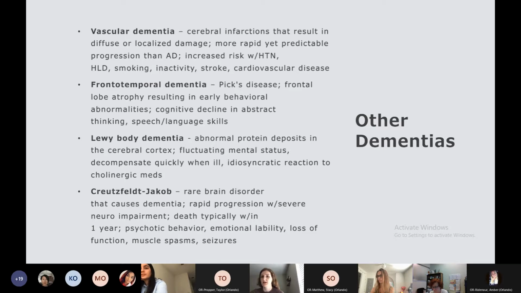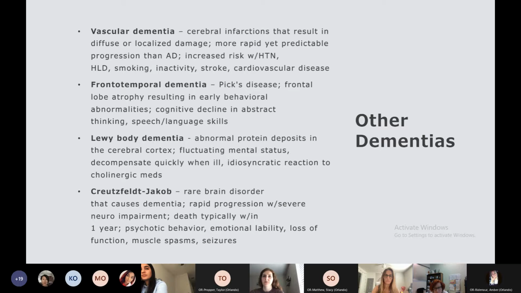When compared to Alzheimer's, it is more rapid in its progression, but it's more predictable. You have an increased risk if you have a history of hyperlipidemia, hypertension, smoking, if you're sedentary, or if you have a history of stroke or cardiovascular disease.